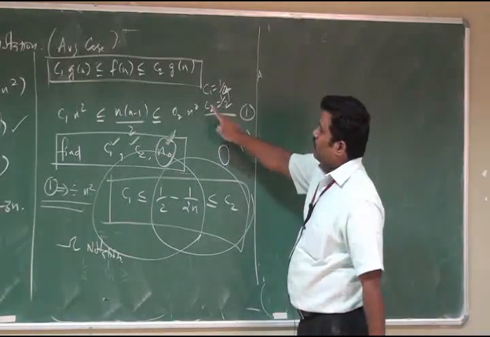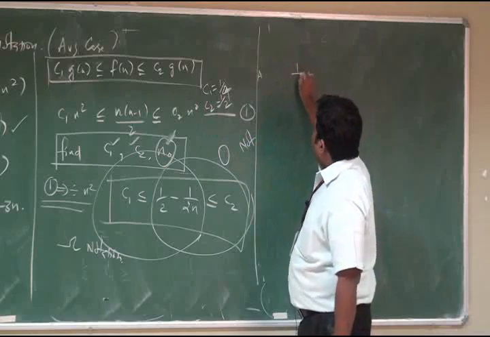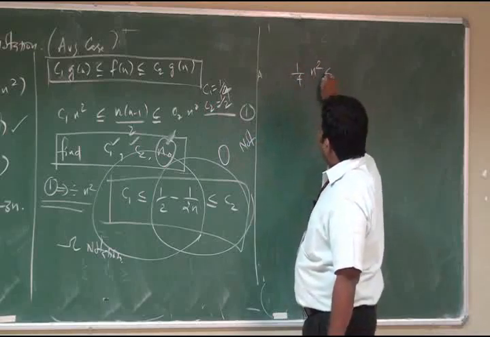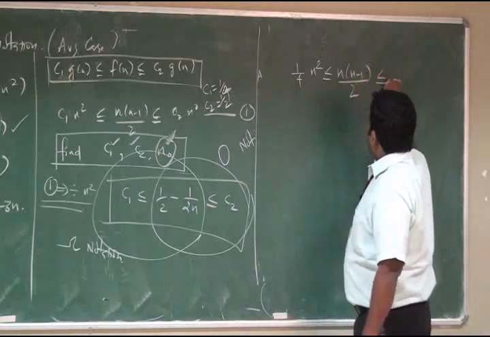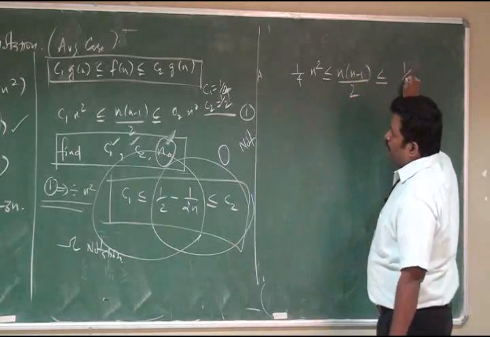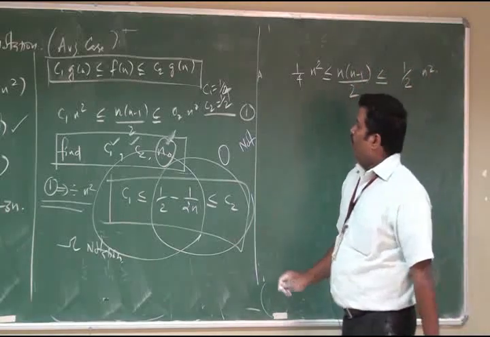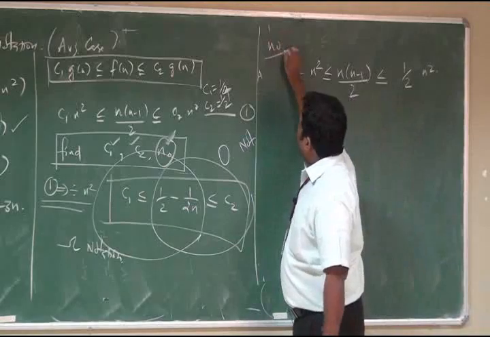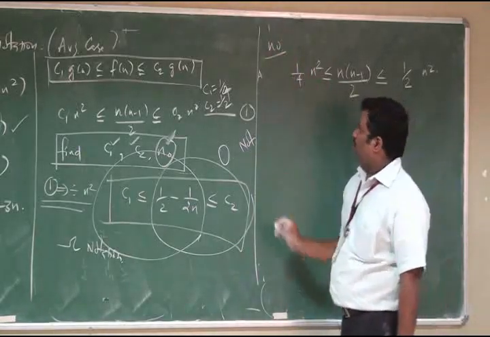So apply these two values in equation number 1, thereby you are getting 1 by 4 n square less than or equivalent to n into n minus 1 by 2 less than or equivalent to 1 by 2 n square. Now find n naught by applying various input instances to n, starting from 0.